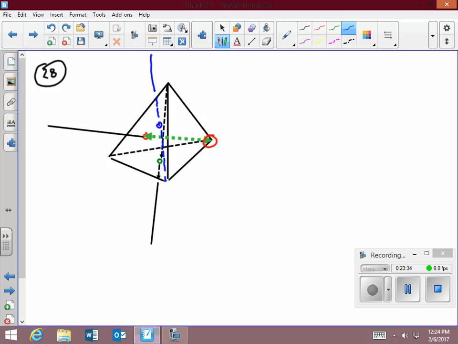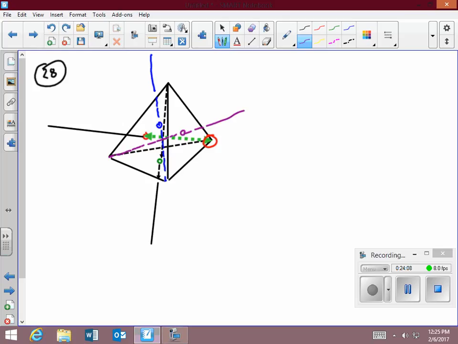And then one will go from this one back up through this side. From any vertex to the center of the opposing face. That's my best shot at drawing it.